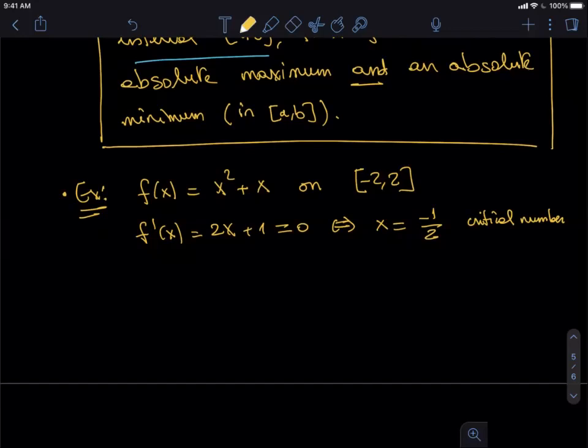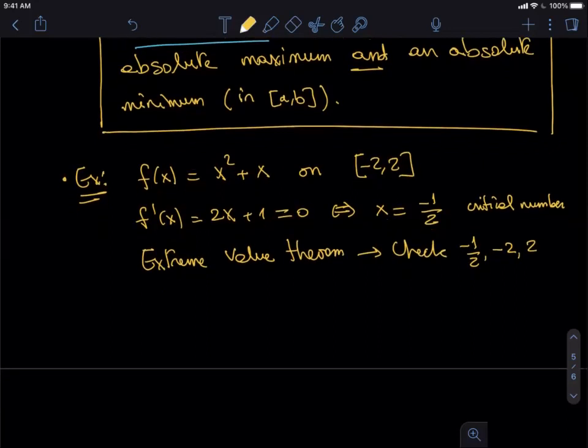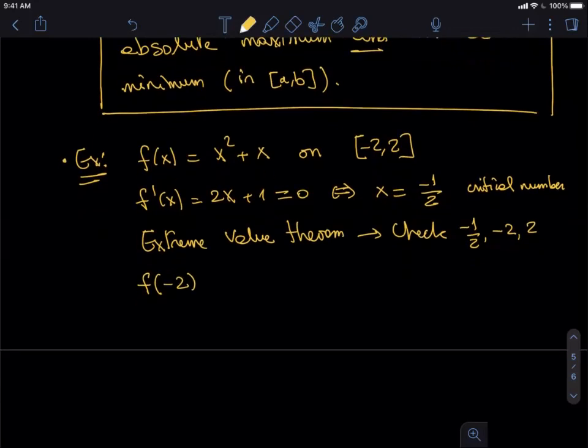By the extreme value theorem, we need to check -1/2, which is the critical number, and -2 and 2, which are the endpoints. So we just compute the value of the function at those points and see what happens.